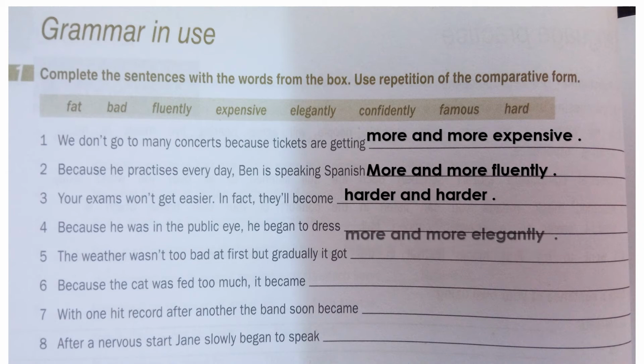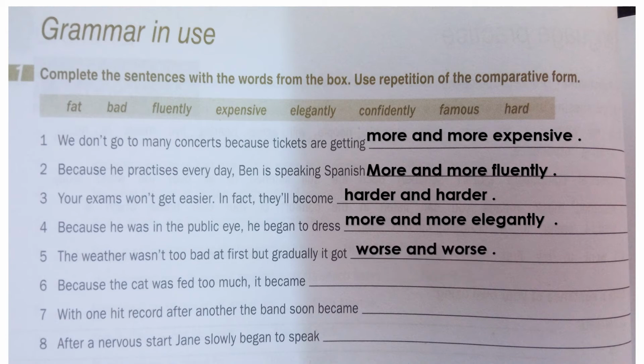He began to dress more and more elegantly. The weather wasn't too bad at first, but gradually it got worse and worse. The cat was fed too much, so it became fatter and fatter.